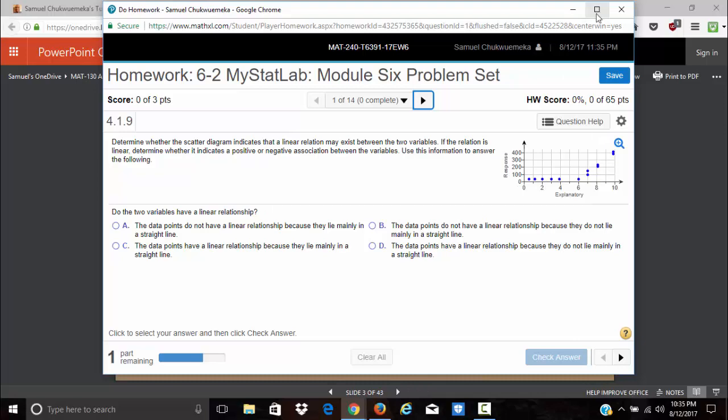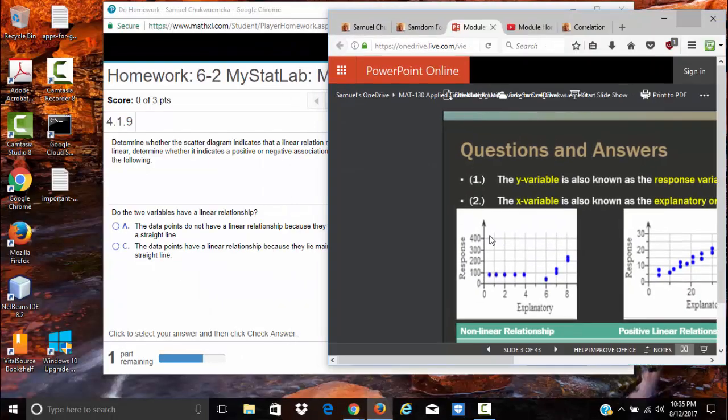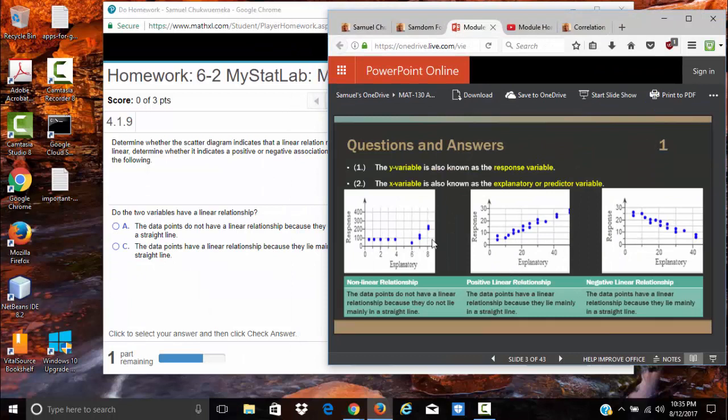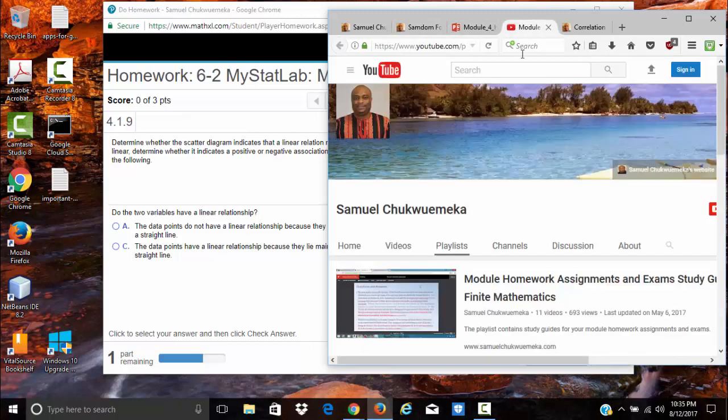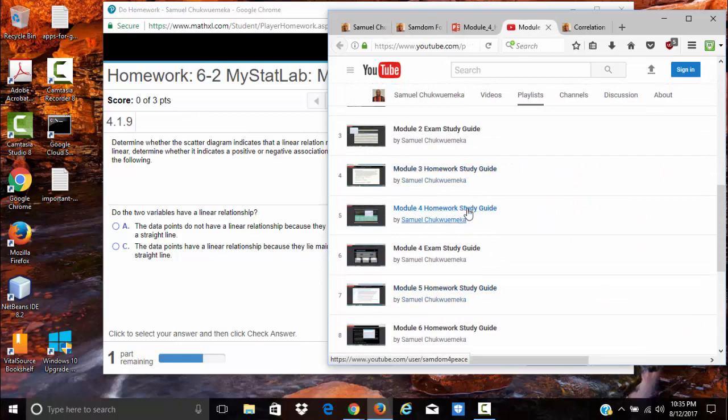You look at this, you see it's non-linear. This is a non-linear relationship. This is positive linear. This is negative linear. So it will be good if you have reviewed all these. This is the notes, and of course the video for the explanations is right here, just to save time.